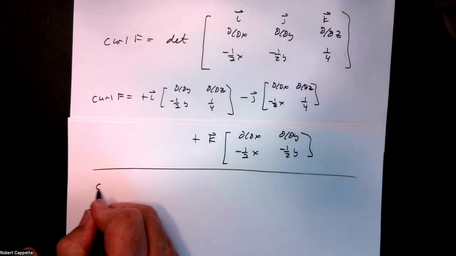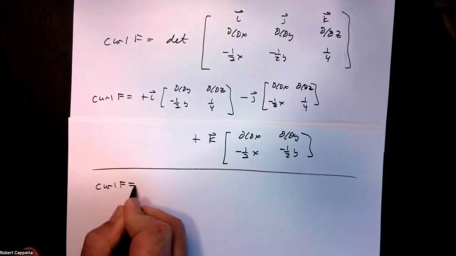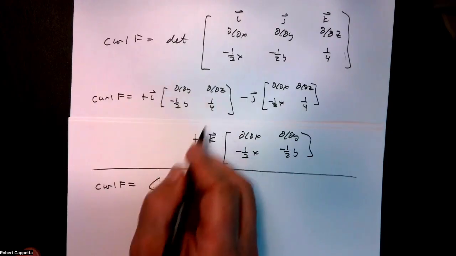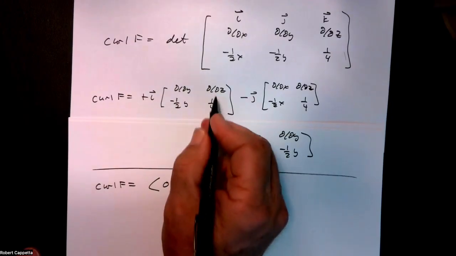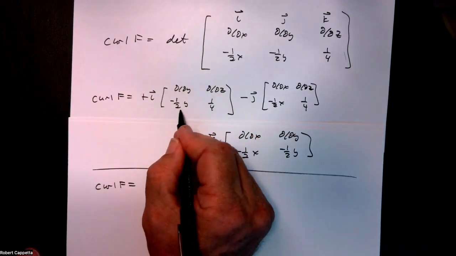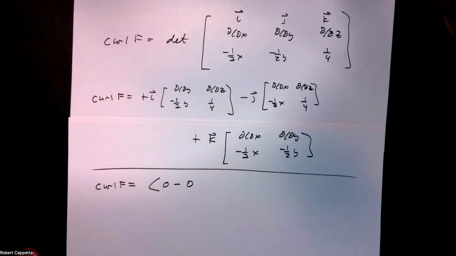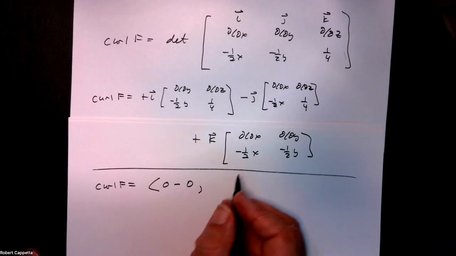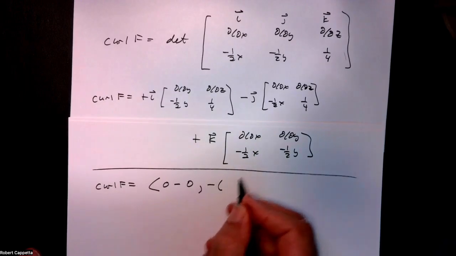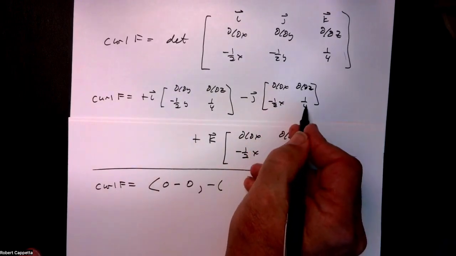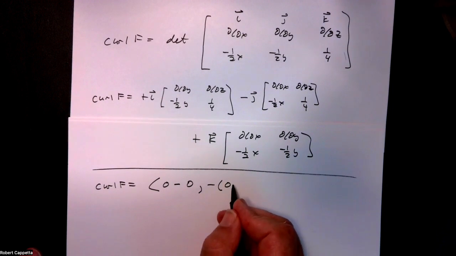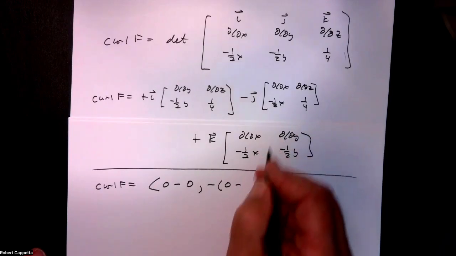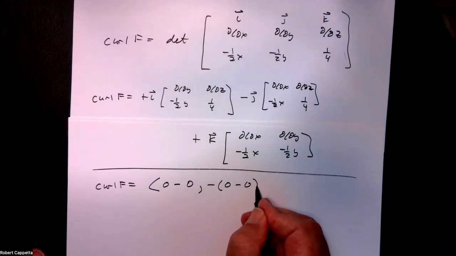So doing our computation, curl of F in the i direction, partial with respect to y of 1/4, 0, minus partial with respect to z of negative 1/2 y, also 0. So nothing in the i direction. In the j direction, minus partial with respect to x of 1/4, 0, minus partial with respect to z of negative 1/2 x, 0.